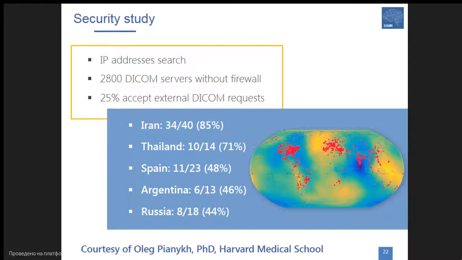And 25% of DICOM servers accepted external DICOM requests. It's a big problem. It means that those DICOM servers are open, and local PACS systems are probably open for hacking.